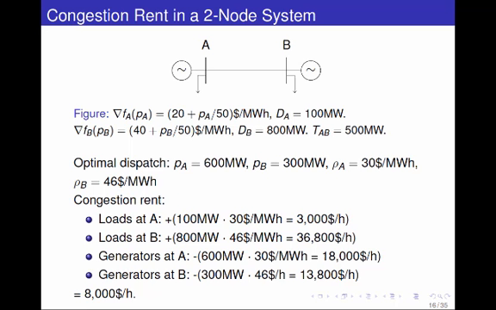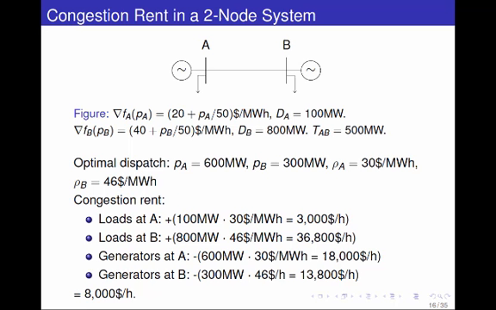So if A could, it would satisfy 800 plus 100, which is 900, and still be cheaper than the cheapest generator in area B, because 900, when you plug it in here, gives you $38 per megawatt hour. So if it weren't for the line, A would max out. Okay.